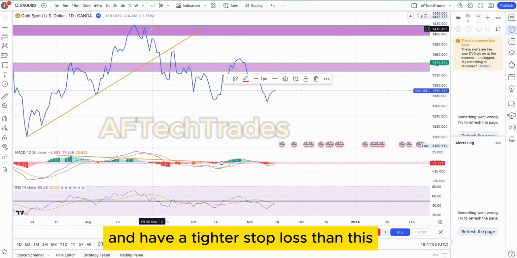This is the region where we had the price touching the support. Let's look at the date here. It's October, 22 October.